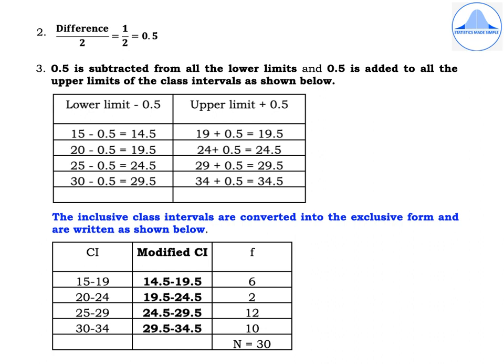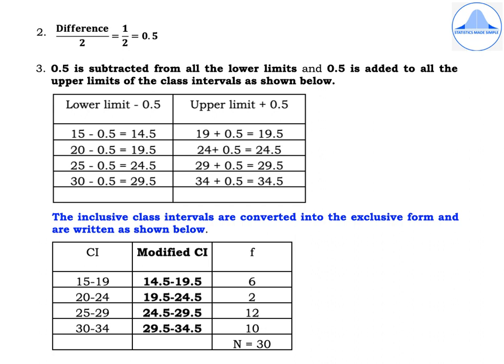Then upper limit plus 0.5 gives us the values 19 plus 0.5 equal to 19.5, 24 plus 0.5 is 24.5, 29 plus 0.5 is equal to 29.5 and 34 plus 0.5 equal to 34.5. The inclusive class intervals are converted into the exclusive form and are written as shown below.